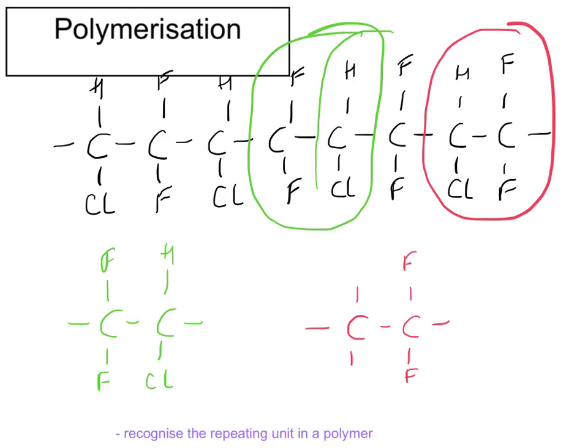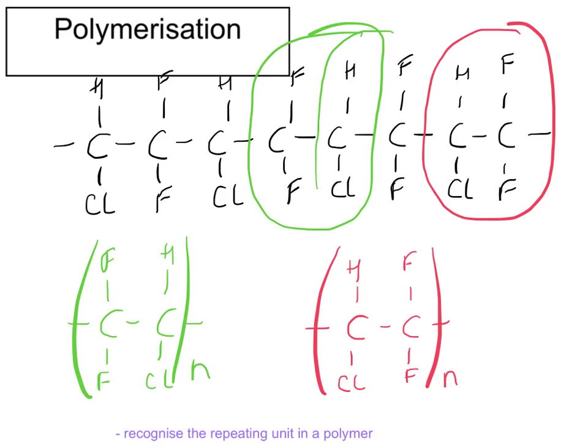Now if it asks for the repeating unit, there's no need to draw the brackets around it and all that. You can if you want, but there's no need to. If it asks for you to draw the polymer, then you will need to draw brackets around it and so on and put the n. But if it just asks for the repeating unit, all you need to draw is exactly that, as I did before. So here's an example question on this.